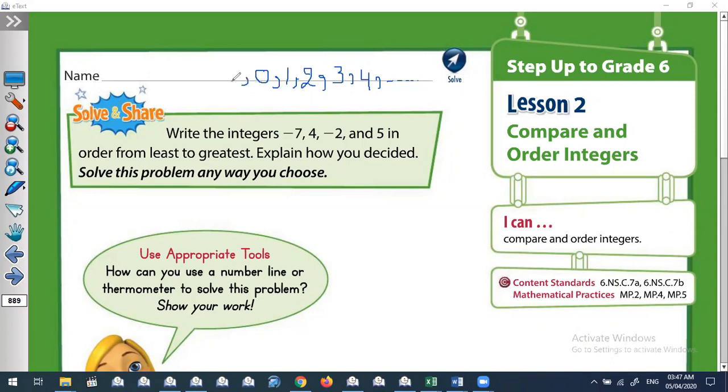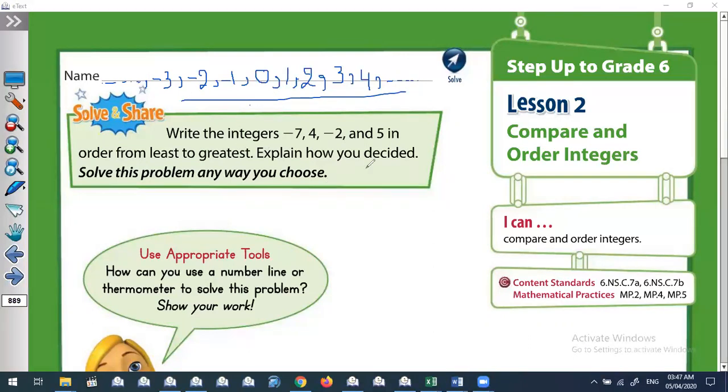And on the left are the negative numbers, negative 1, negative 2, negative 3, and so on. From negative 1 to negative infinity, they are the negative numbers. This set is called integers.